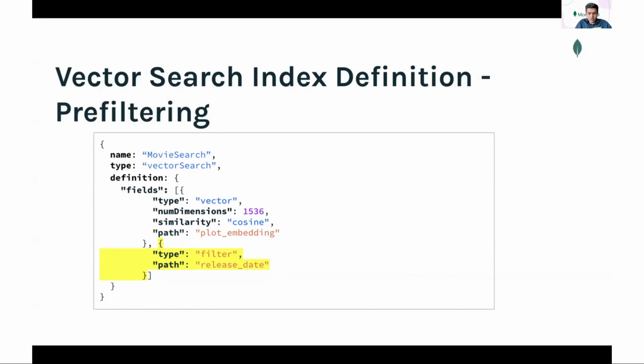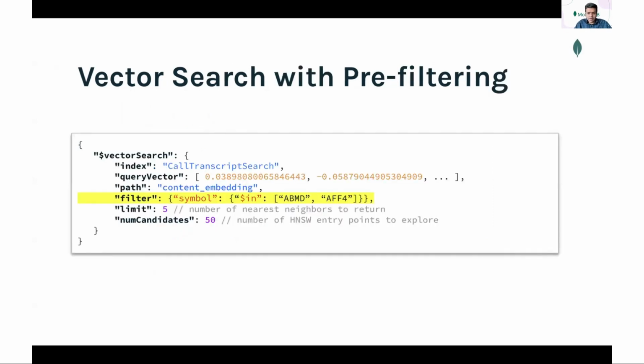Once you define this, there's no operational load required. MongoDB will take care of making sure your secondary indexes are built, and you're able to start querying in the same syntax that you had earlier by just adding on this metadata filtering. Basically, no sync required.